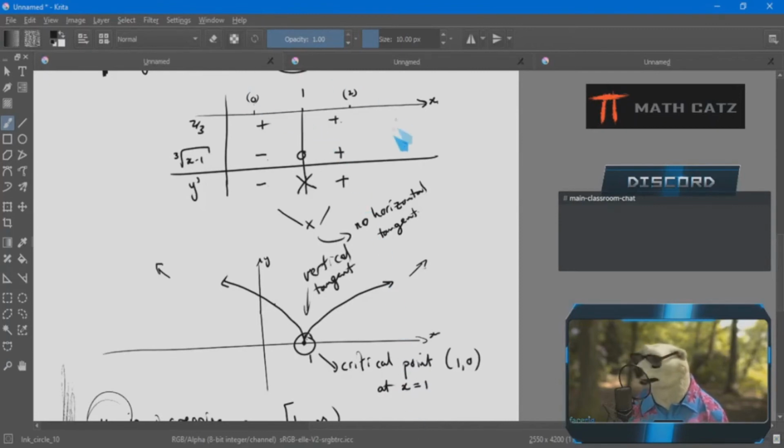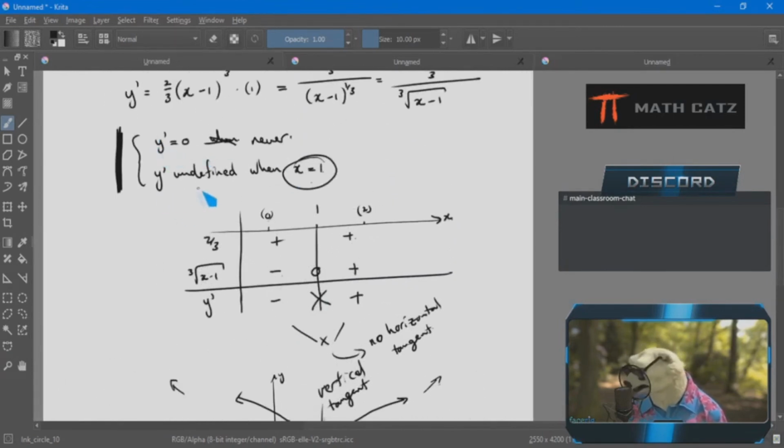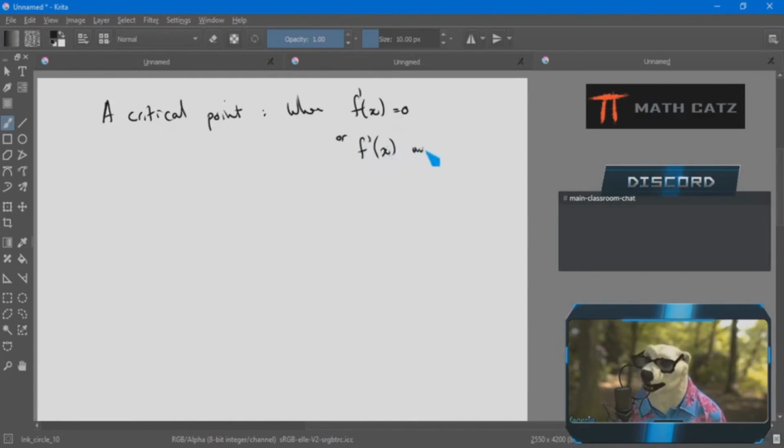Okay. Now, I don't have my other examples with me, but we saw other points coming out of this check, derivative equals 0, derivative undefined, and we'll call them critical points. So let me just classify that. A critical point, I won't be too fancy with this definition, is when my derivative is equal to 0 or my derivative is undefined.